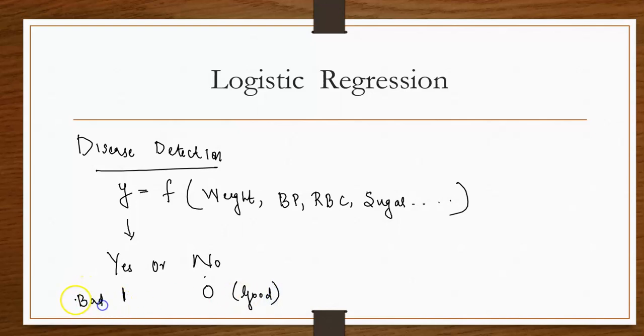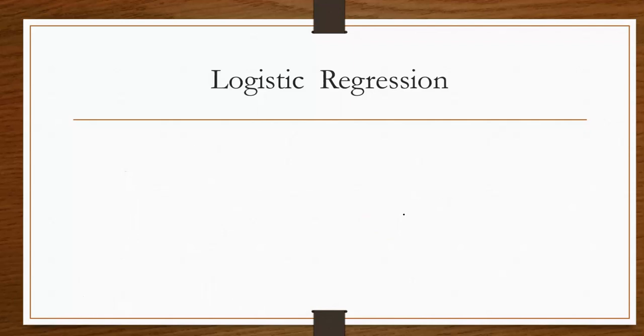So in this case we can apply logistic regression to check whether a person has a disease or not based on different independent variables. Okay, so why can we not apply linear regression here? So we can check why not linear regression in this case.